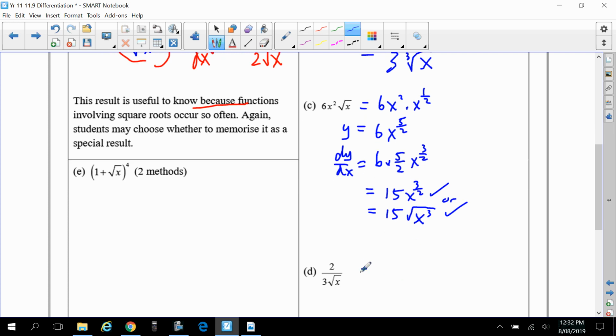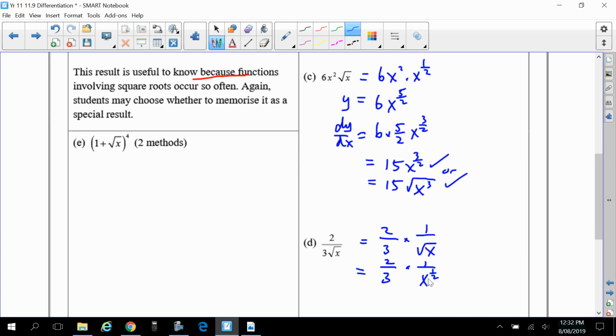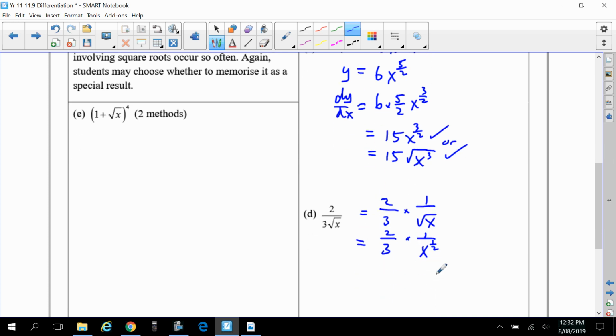So the next one uses the similar skill we had before. Again, do it step by step. 2/3 times 1 over x root x. And root x is 1 over x to the power half. Notice that I do things very slowly, one thing at a time. People say, oh, let's multitask. Yeah, people just make silly mistakes in the exam. I don't think it's a good idea. You could multitask sometimes for certain tasks, where they complement each other.